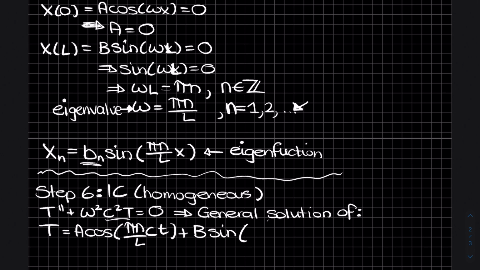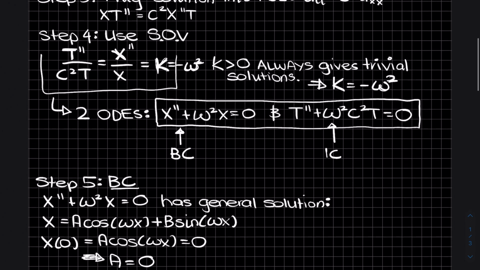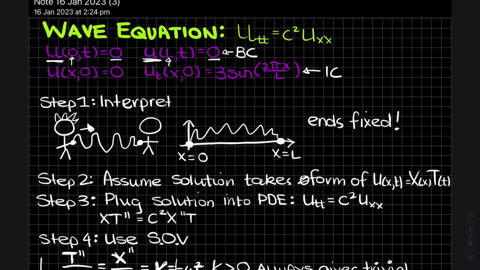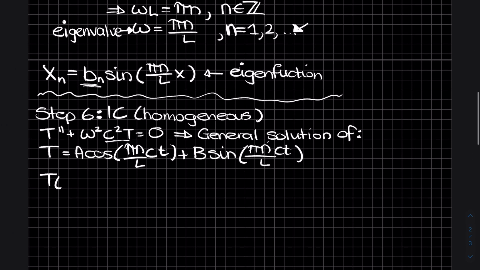You should know where these are coming from. Pi n c t over L. Okay, and then the homogeneous condition we were given up here is when t equals 0, it equals 0. So let's put in t of 0. Our whole sine term is once again going to vanish, the cosine is just going to go to 1, so we're going to end up with a equals 0.